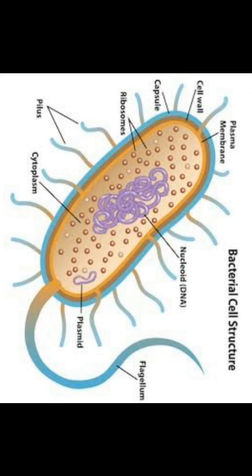So what are those? The outermost one is the glycocalyx, followed by the cell wall in the middle, and followed by the cell membrane towards the cytoplasm. So the plasma membrane is the inner membrane. Although each layer of the envelope performs distinct functions, they act together as a single protective unit.